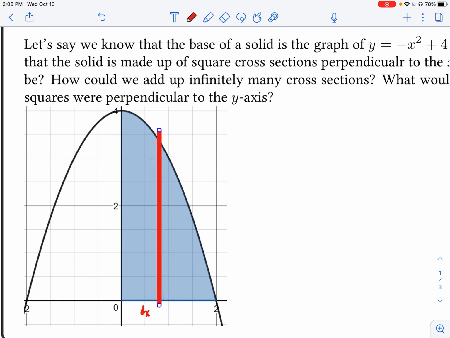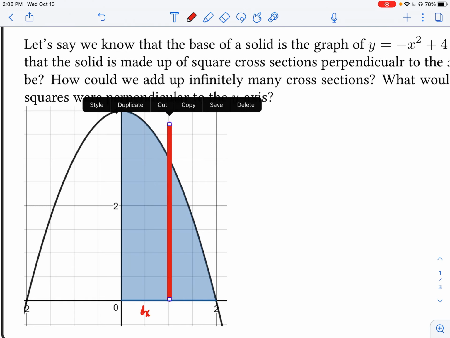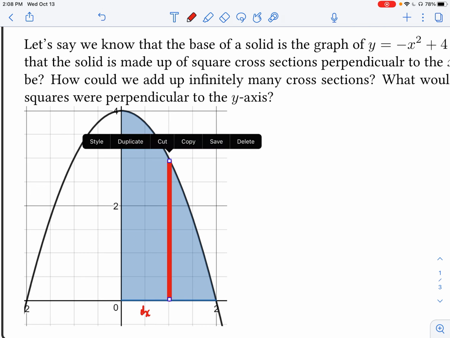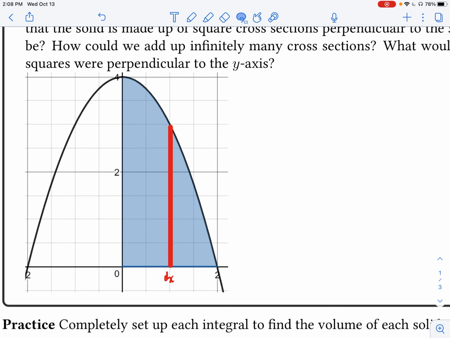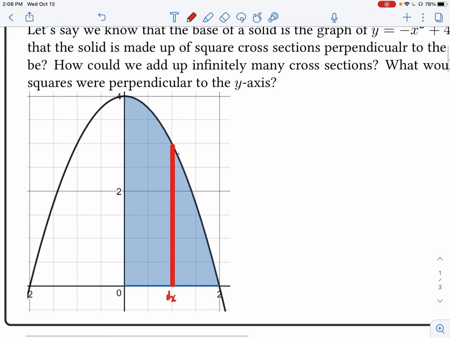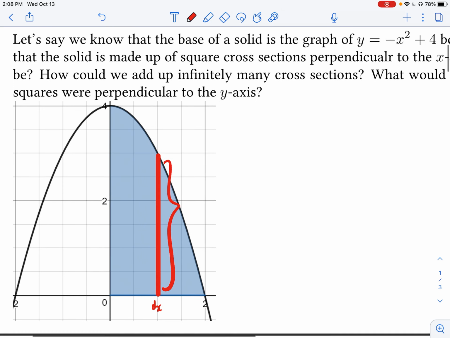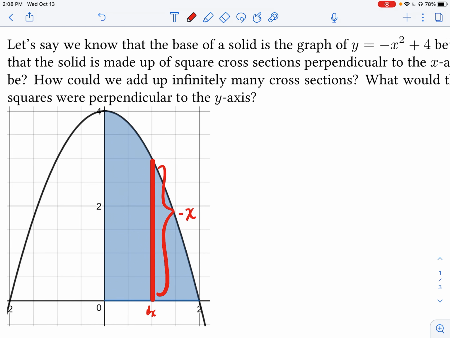So let's move this over here, which will allow us to do this a little more easily. Okay, and let me also move this over here. Let's use this point instead. All right, so suppose we had this here. We know that the height of this is going to be whatever output we get for negative x squared plus 4, okay?